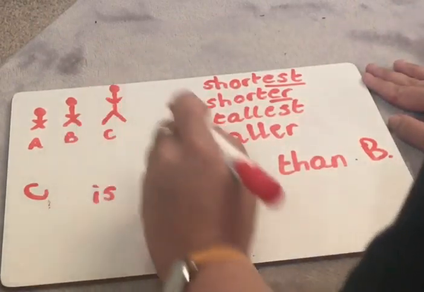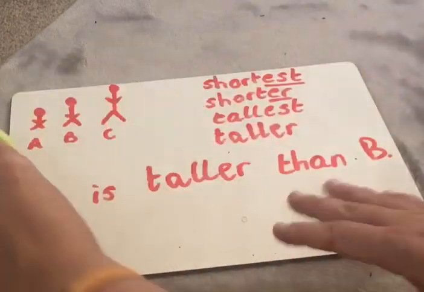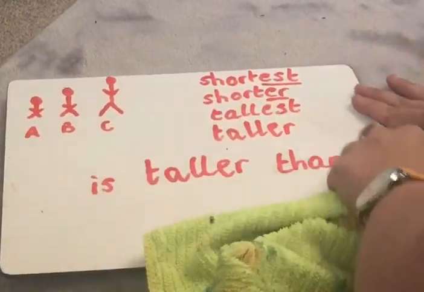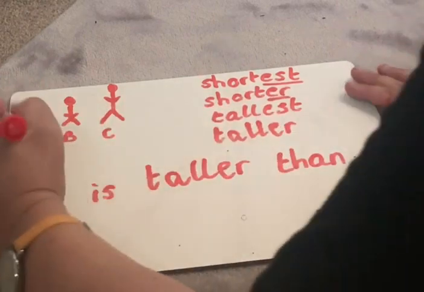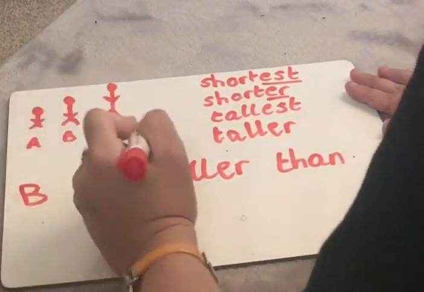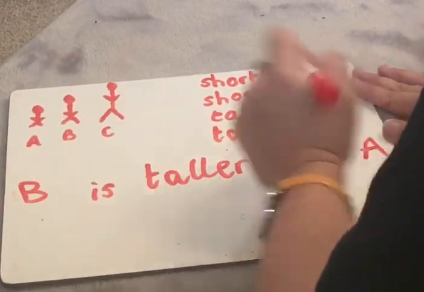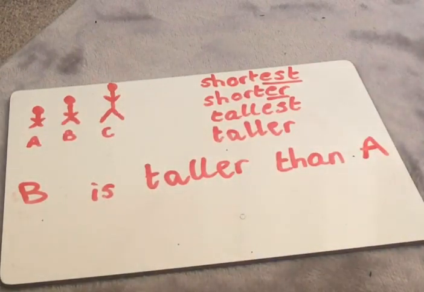They're also the tallest, but they are also taller than B. And another one we could have is B is taller than A, aren't they? Okay? So this is just a really nice way to see how we use these two suffixes on the end of a word. And we do that just to compare.